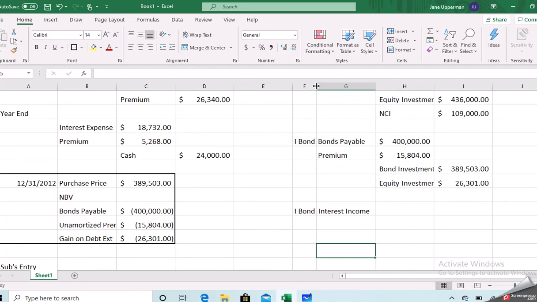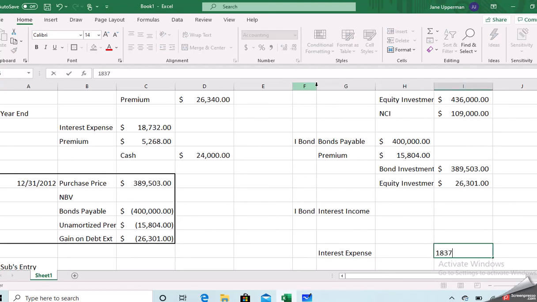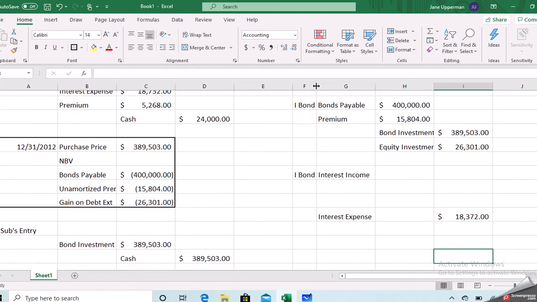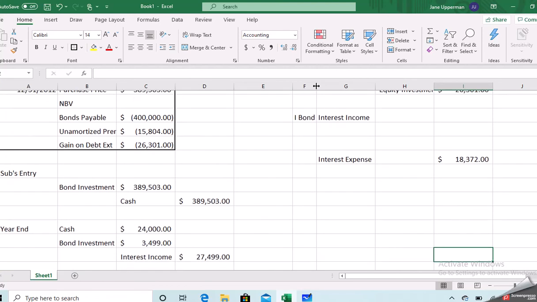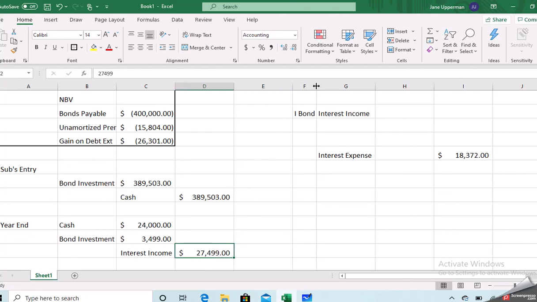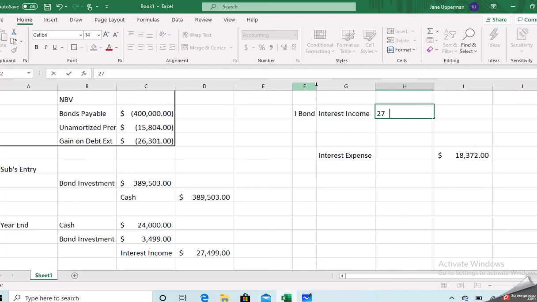I'm going to skip a few lines. And then I know that I've got to take the interest expense off of the books, and that's going to be my last credit. So I can go ahead and fill those in. So I know I'm going to credit interest expense $18,372, and then I've got this interest income of $27,499. So I come up there and I debit that.